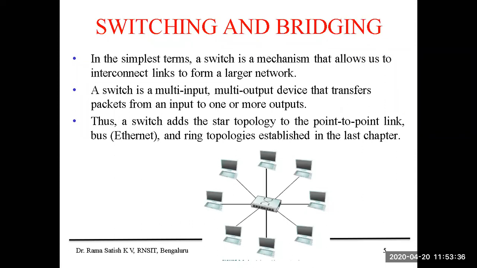We can establish interconnection of two switches. Suppose I have one switch which is a star topology. A similar switch network I can have, and I can interconnect these two so that I can expand my network. Similarly, I can have one more star topology, and one more, to have multiple such networks.